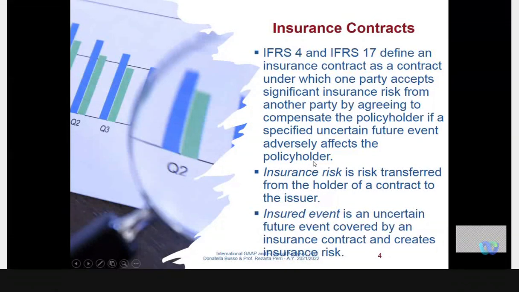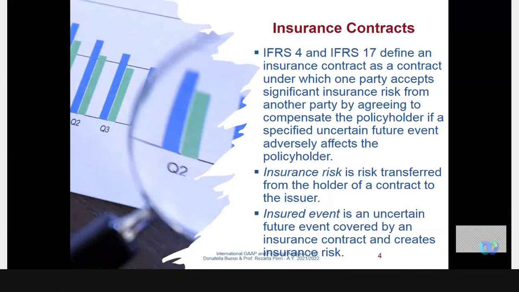Insured event, what we are mentioning again and again, is some event in the future which is uncertain. So there is no certainty that this event will happen, and this is where the insurance companies expect to earn or have a profit because they want to meet that uncertainty for the future.